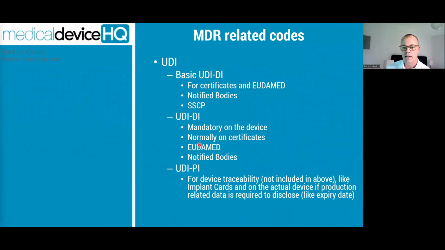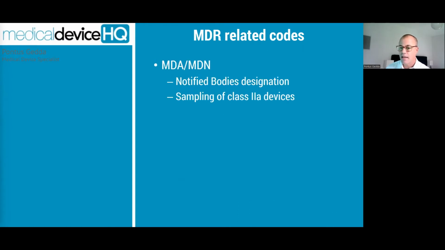So it's not included in things like those above. You can find it on an implant card, for example, or on the actual device, if production-related data is required to be disclosed on the device, like expiry date, for example. That was all about the UDI codes for now.